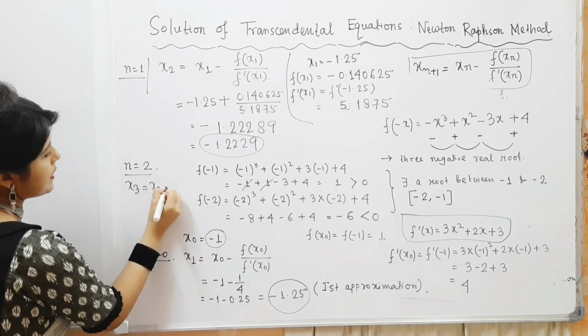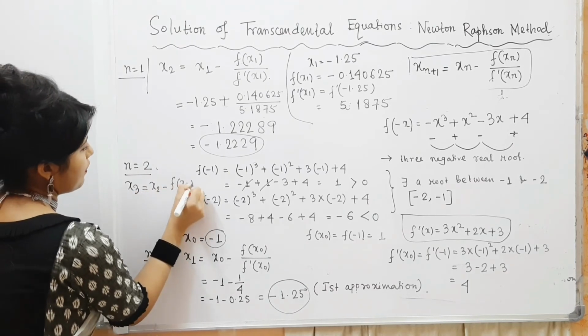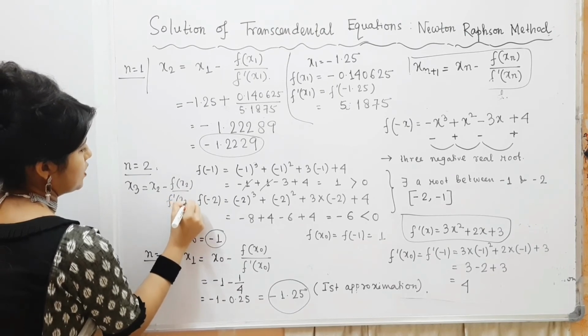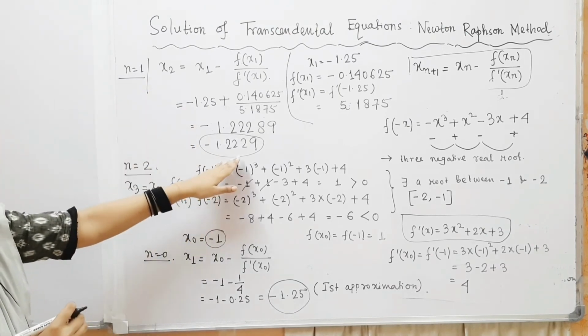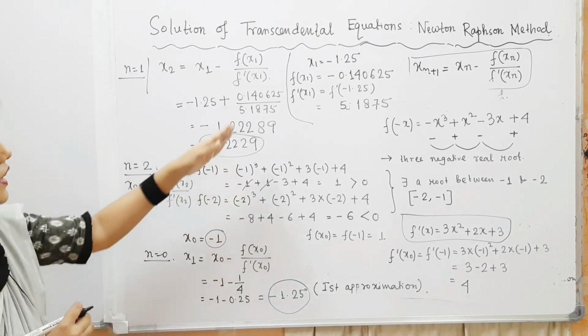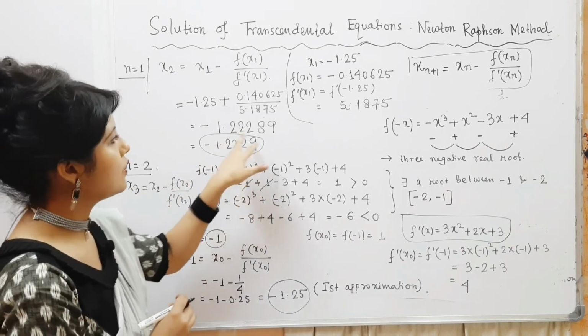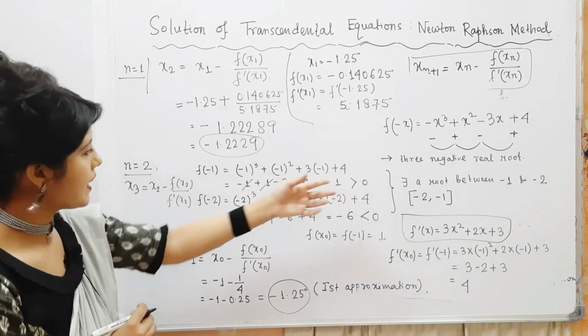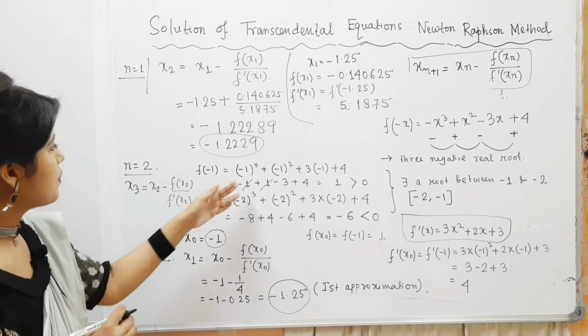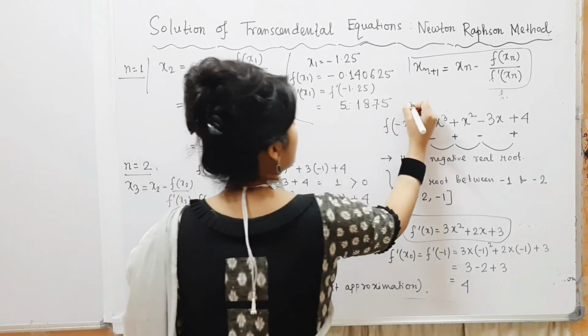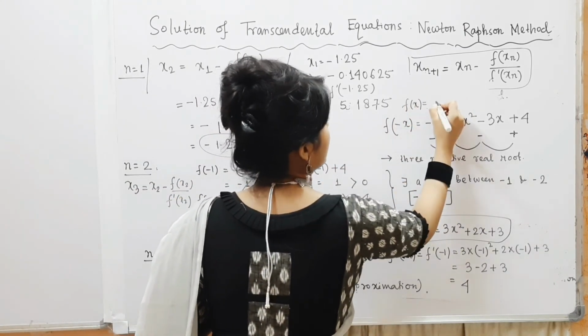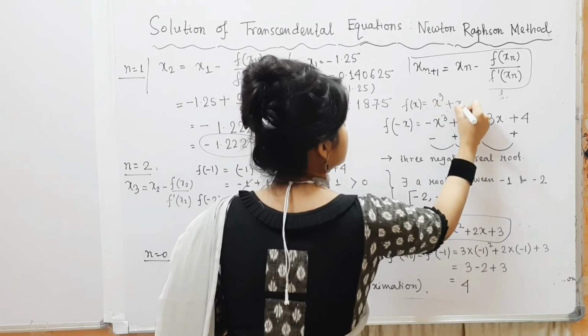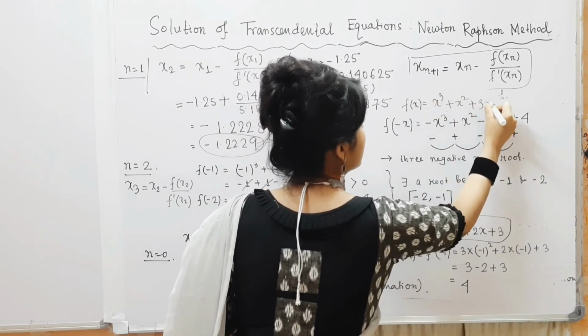So therefore x3 means x2 minus f of x2 by f dash x2. Okay. So you have got x2 here. Now if you put this value in the expression of f of x, I have already removed that. The expression for f of x was x cube plus x square plus 3x plus 4.